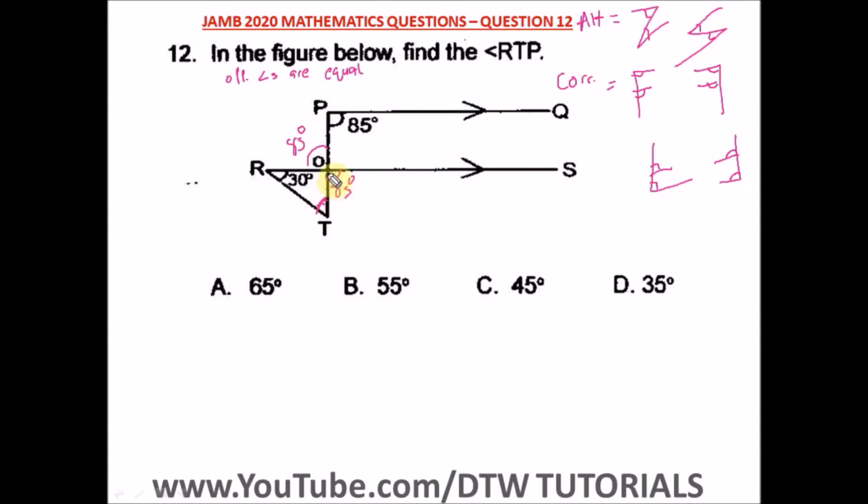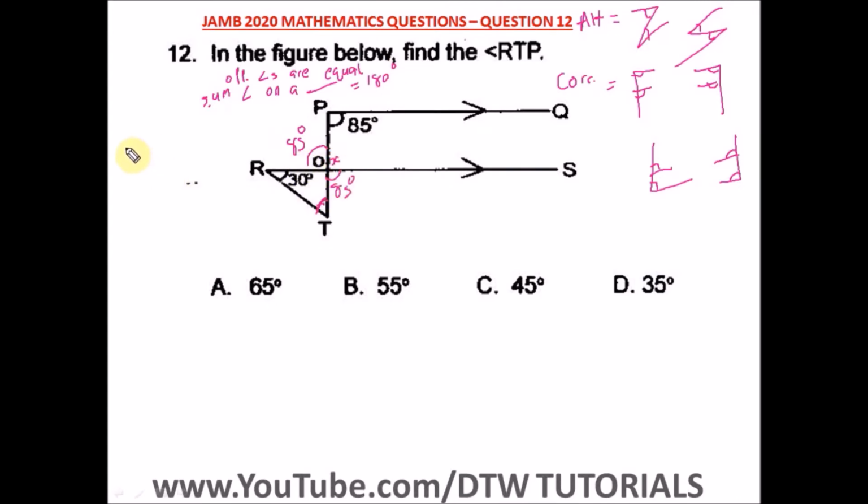Now, to find the angle here, because this is a straight line, and the sum of angles on a straight line is equal to 180 degrees. So if here is 85, let here be x.